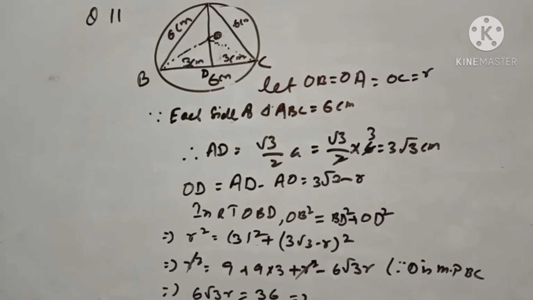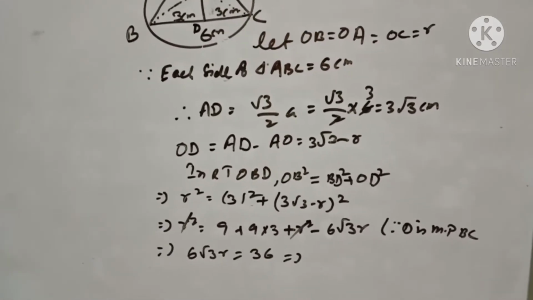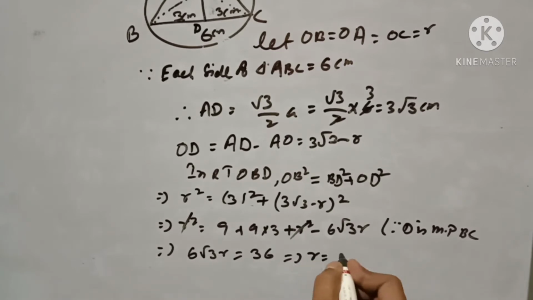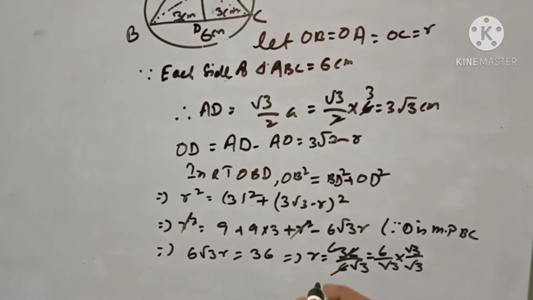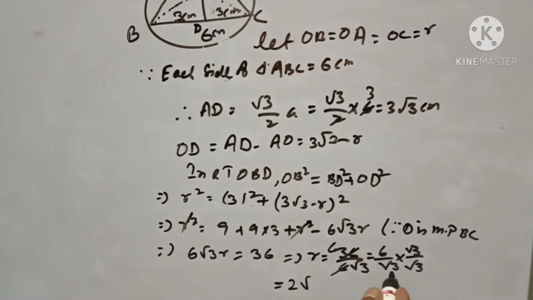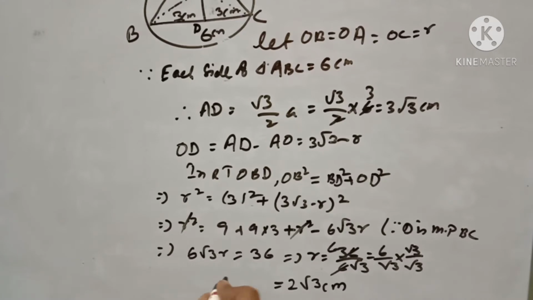This implies r equals 36 by 6 root 3, so it will come 6 by root 3. I am rationalizing, 6 root 3 by root 3, so it will come 2 root 3, because root 3 into root 3 is 3. So 2 root 3 centimeter is your required radius.